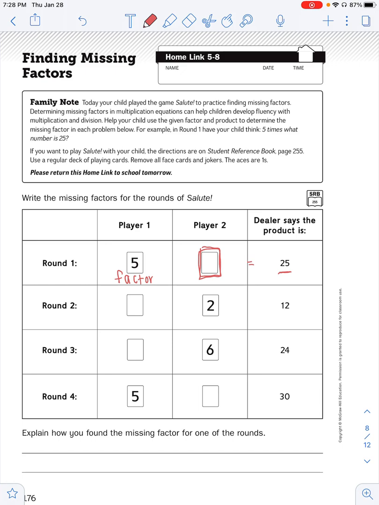The real version of this game will be on Canvas. But if you do not have anybody else to play with, which is totally okay, this is how you're going to play it, where I gave you these numbers already, and you just have to fill in the missing boxes right here. Okay?